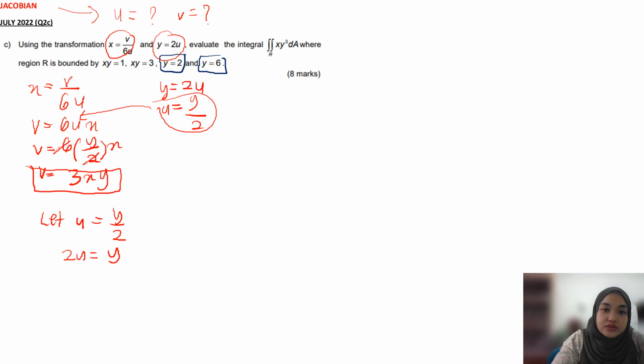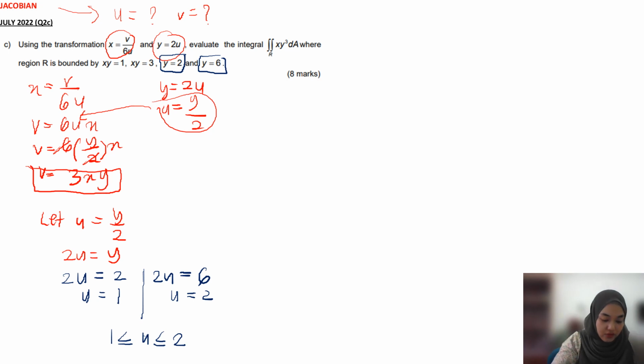Since y equals 2 and y equals 6, you have to substitute: 2u equals 2, and 2u equals 6. So u equals 1, u equals 3. So your interval for u is 1 until 3. So this one is for u.